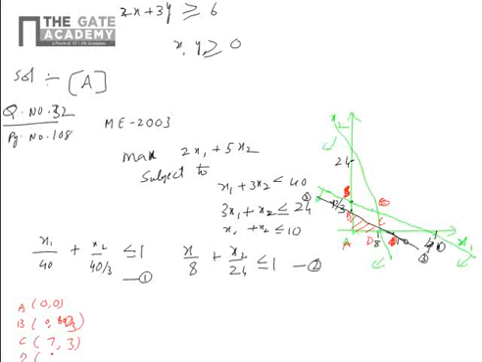D is 8, 0. So ZA equal to 0, ZB equal to 50, ZC equal to 29, ZD equal to 16. So optimal solution is B, right? So that is a way how to solve. Simple method.